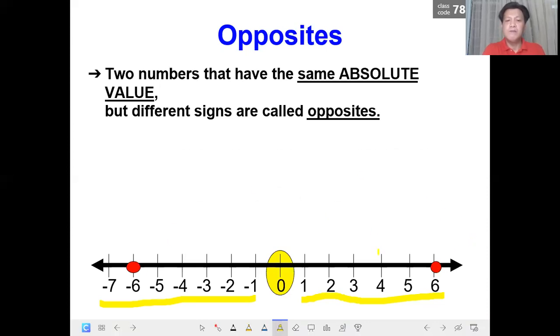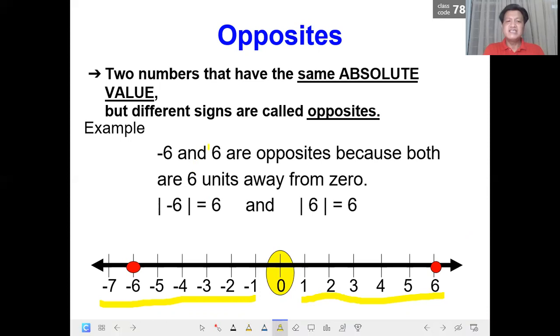They are called opposite. Kasi nga, negative 6 and positive 6 are opposite because both are 6 units away from 0. So kaya nga pag kinuha natin yung absolute value of negative 6 is positive 6. And the absolute value of 6 is also positive 6 because they have the same distance or 6 units away from 0.